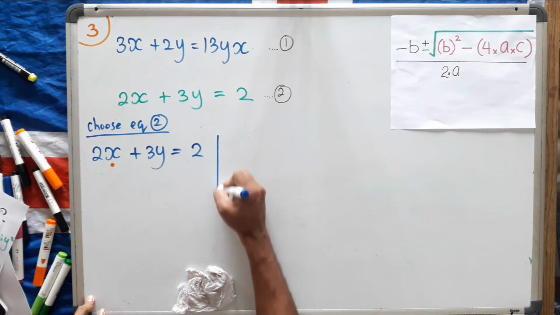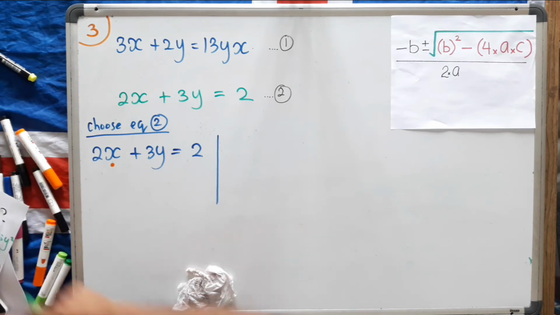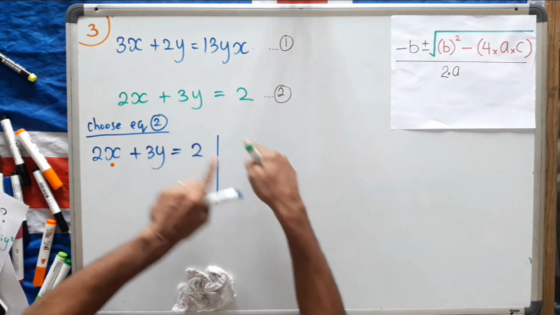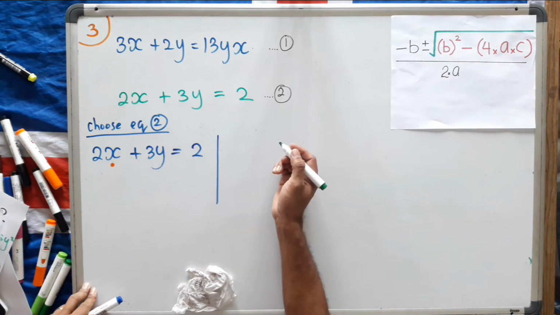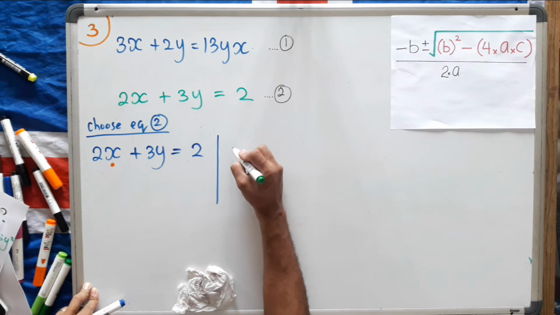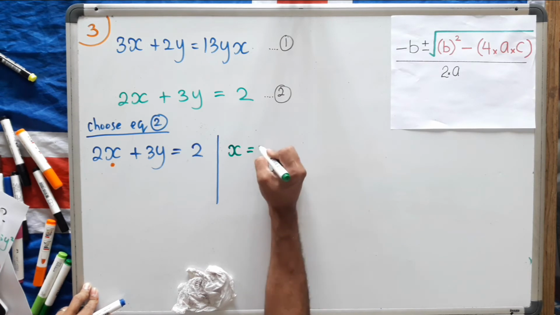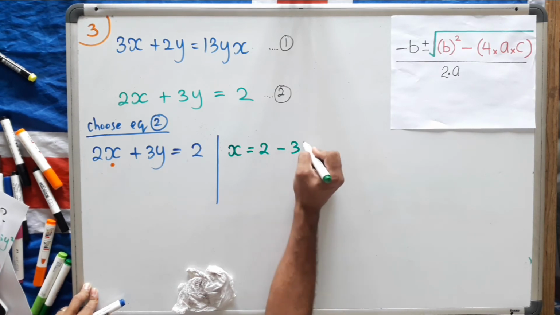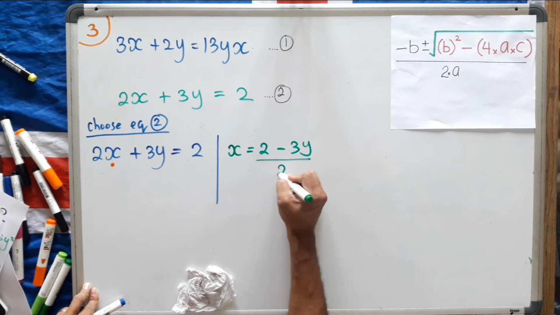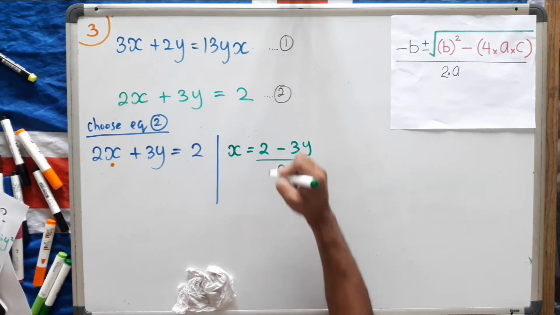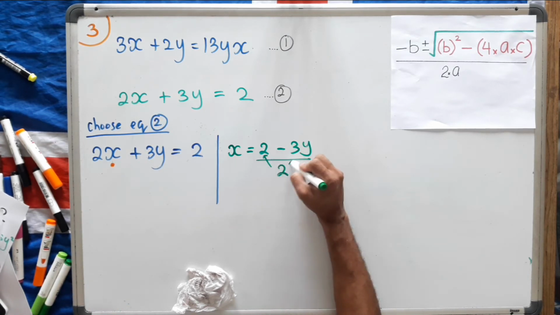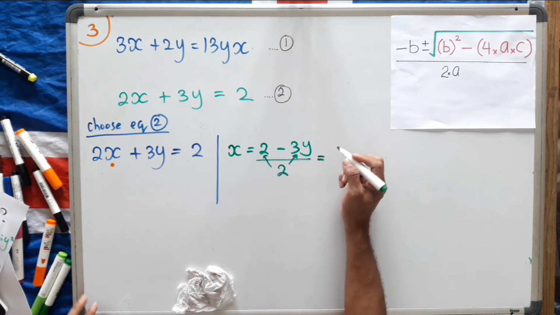So I'm going to clear a little space here. Use a different color. Throw across positive 3y, we'll get minus 3y. Then we divide by 2. So x will be equal to 2 minus 3y, and everyone will get divided by 2. This means both of them at the same time get divided by 2.